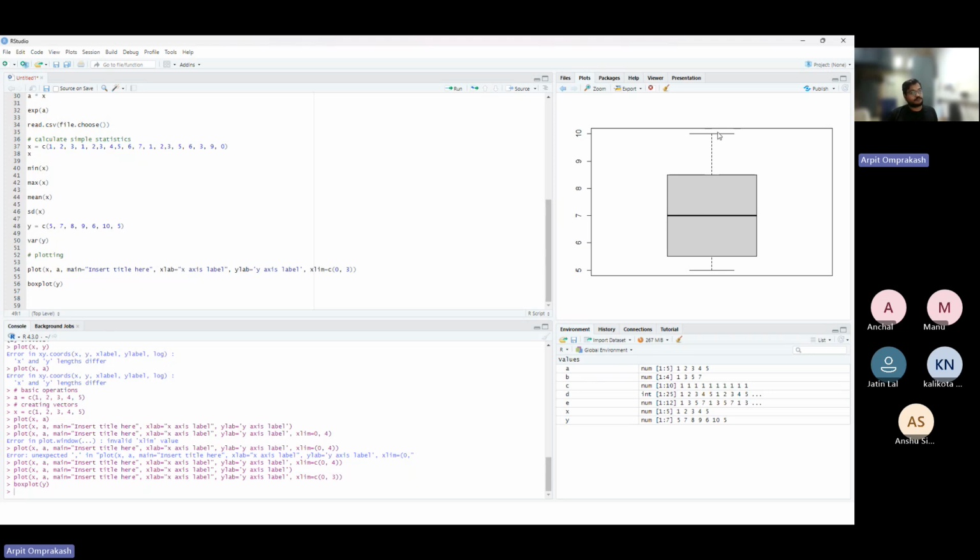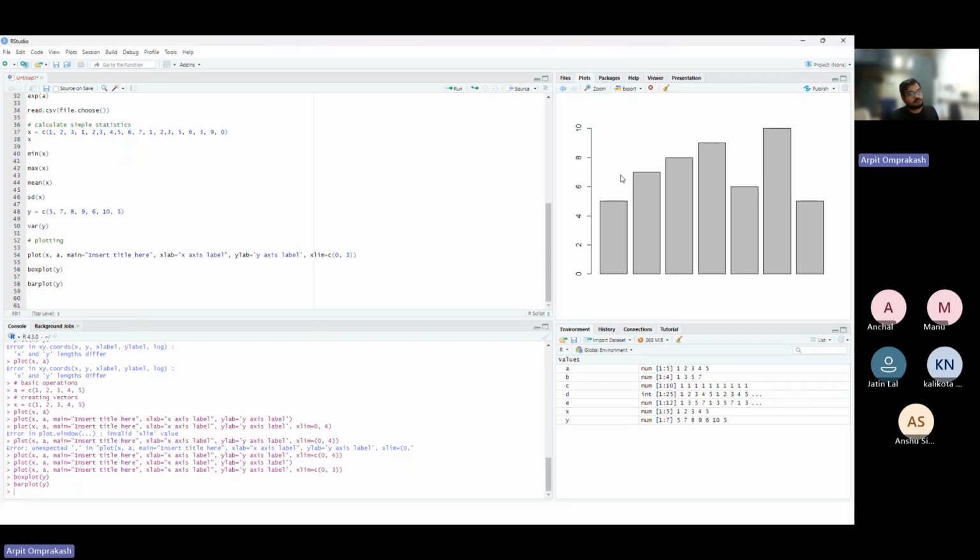Then we have a larger tail here, a smaller one here. That means there are values here which are much higher, but there are not a lot of values here which are smaller than the Q1. And then we can also do bar plot of y that will basically give us bars. So for each of these values, 5, 7, 8, 9, 6, it gives us bars.